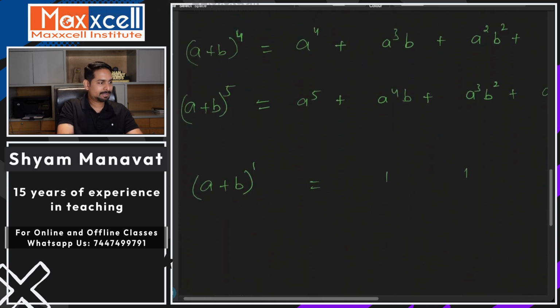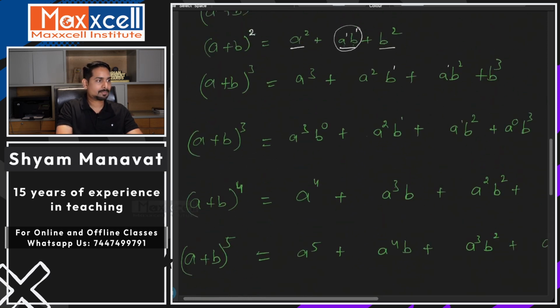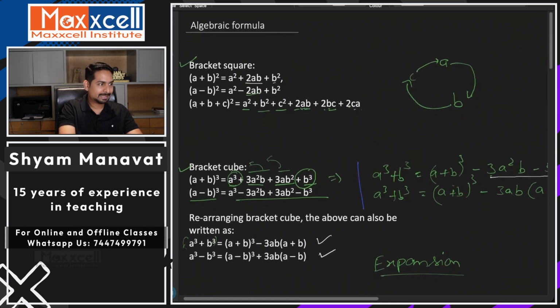Now when you see a plus b whole square, if you remember, it is a square plus 2ab plus b square. Do you remember that? What is the coefficient of a square here? Nothing, so it is 1.